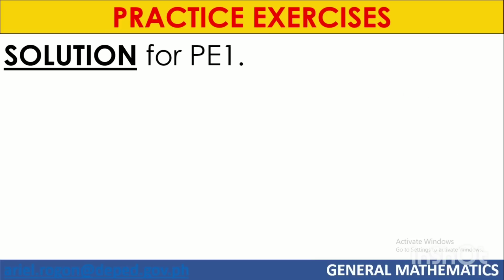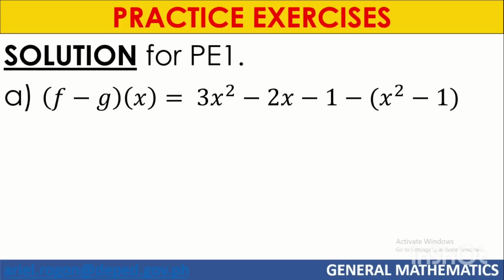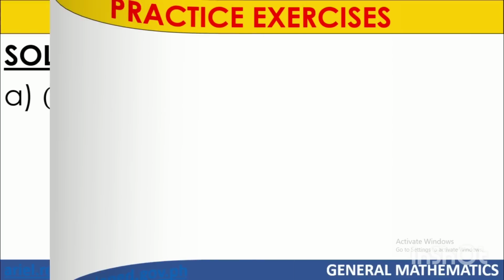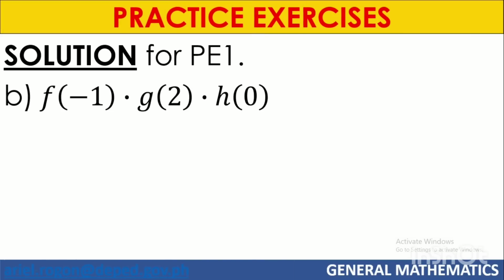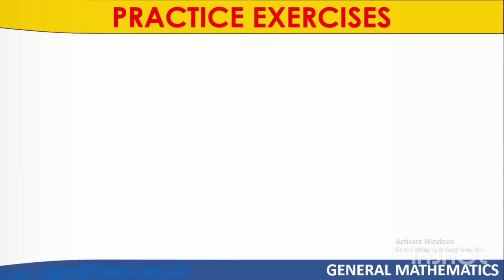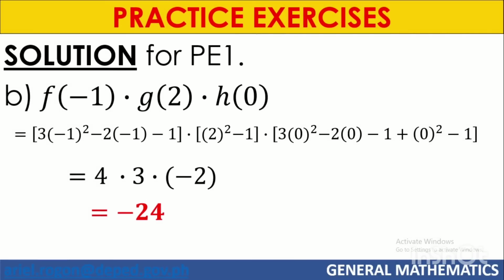Okay, sagutin natin yung practice exercises 1. So the answer will be x squared minus 2x minus 1 minus x squared plus 1. So the answer will be 2x squared minus 2x. Okay, yung kanina, pwede nyong gawin yon, no? As your exercises. So ipapakita ko na ang sagot. Ayan, for letter B, the answer is negative 24.